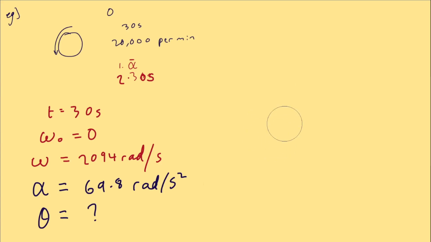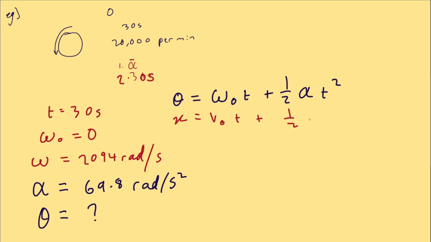Since we're looking for how many spins it did, angular displacement would be what we're looking for. So let's find a formula that connects all of these together. There's a perfect kinematic equation for this, which is this. Displacement equals initial velocity times time plus 1 over 2 acceleration times time squared. Of course, normally it looks something like this, but we're doing rotation here.